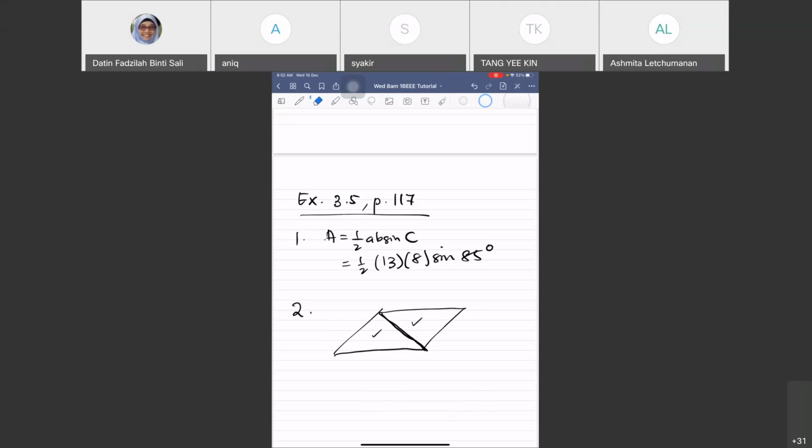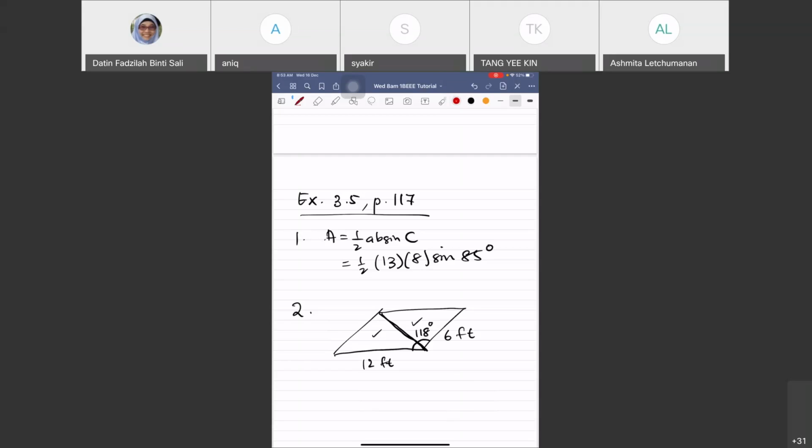Let's say I put these numbers here: this is 6 feet, and then this is 12 feet, and you are given an angle here. That angle is 118.